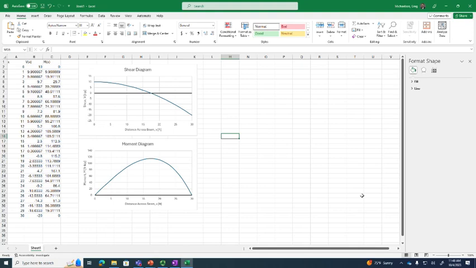At 18, we got 115.2. So it's going to be between, somewhere around this value right here. We got about 115.4. Sounds about right, doesn't it? Not too challenging, is it? Make sense?